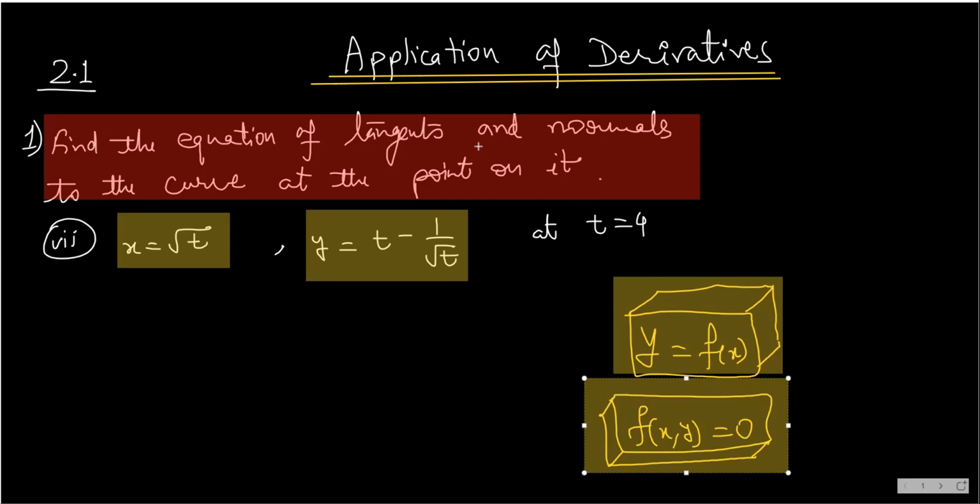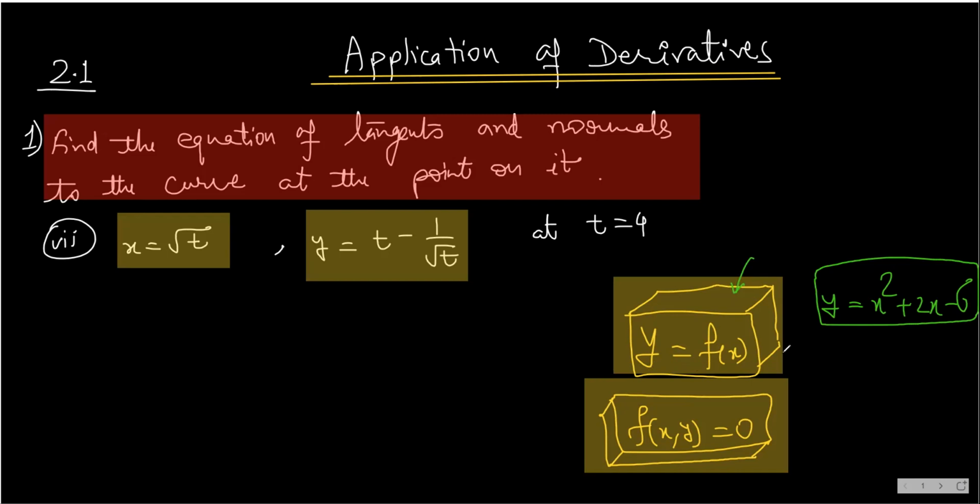If I'm given a curve like y equals x square plus 2x minus 6, then I will call this equation of the curve to be in explicit form. This represents an explicit function.